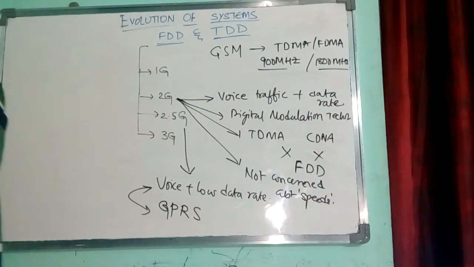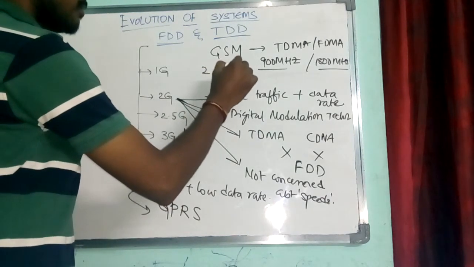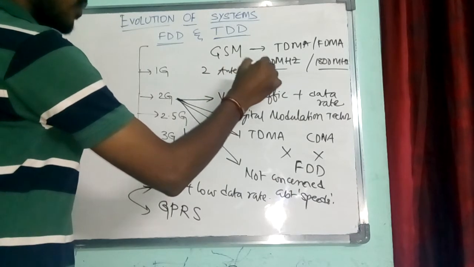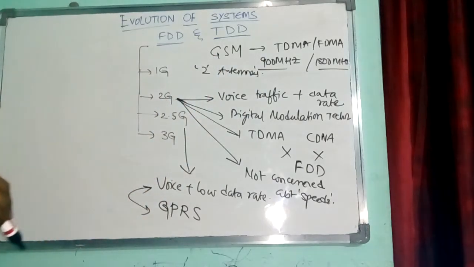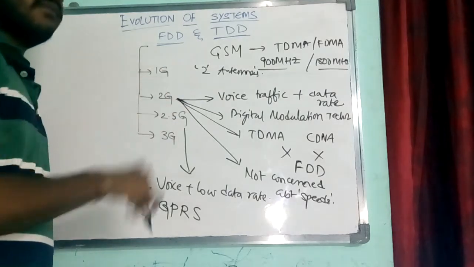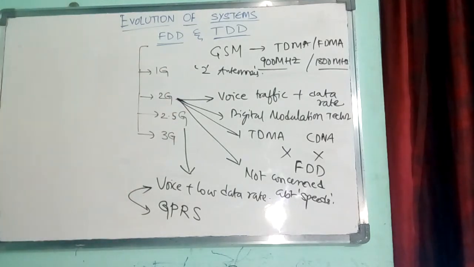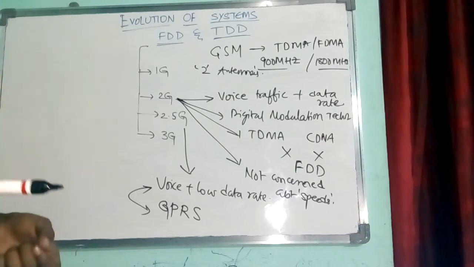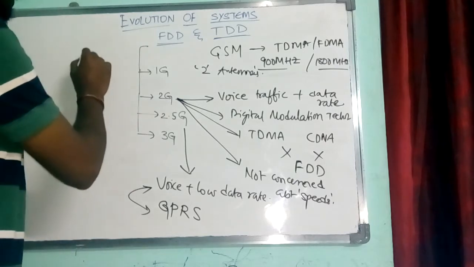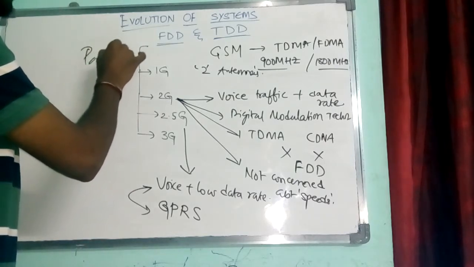Whatever mobile phones we see today, if you observe, they have two antennas. One is visible from the outside. The other, if you remove the back cover of the mobile phone, you can see a patch antenna.